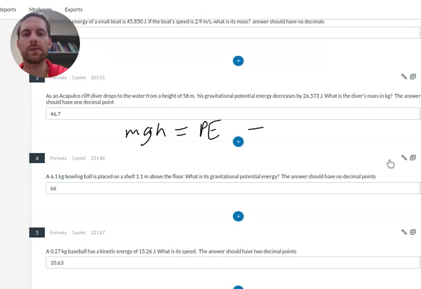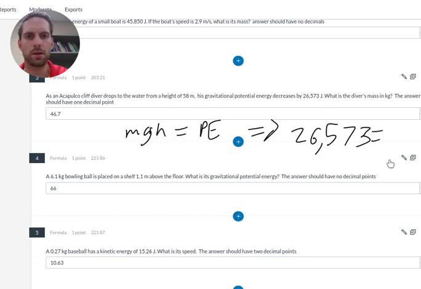If I plug all these values in, I'll get 26,573 equals 58, which is height, times the acceleration due to gravity, 9.81, times his mass, which we'll put here, m.